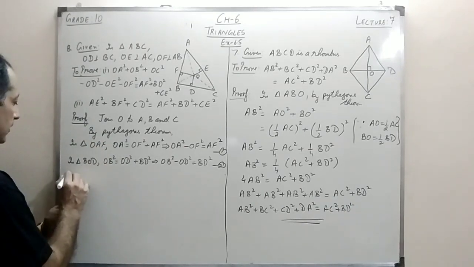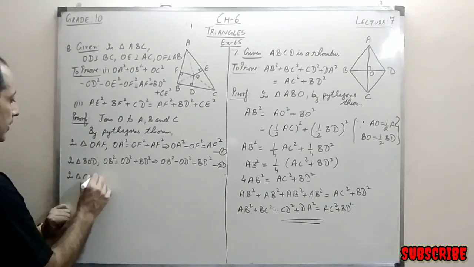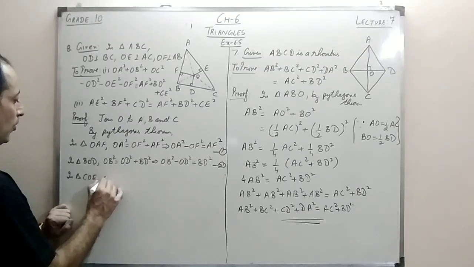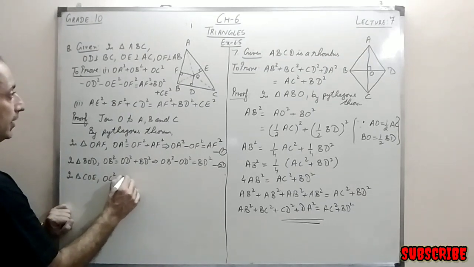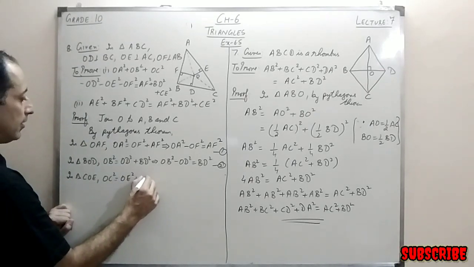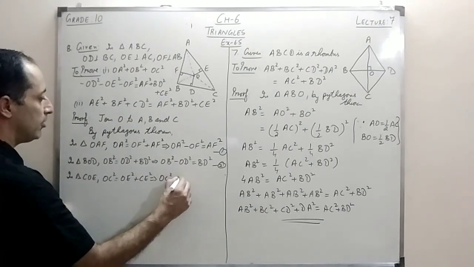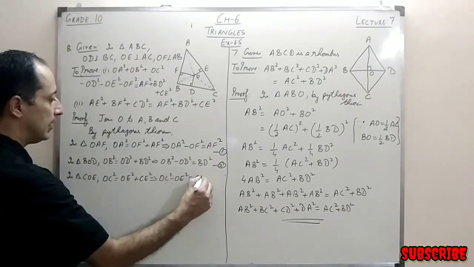Then in triangle COE, OC square is equal to OE square plus CE square. From here I can write OC square minus OE square is equal to CE square.